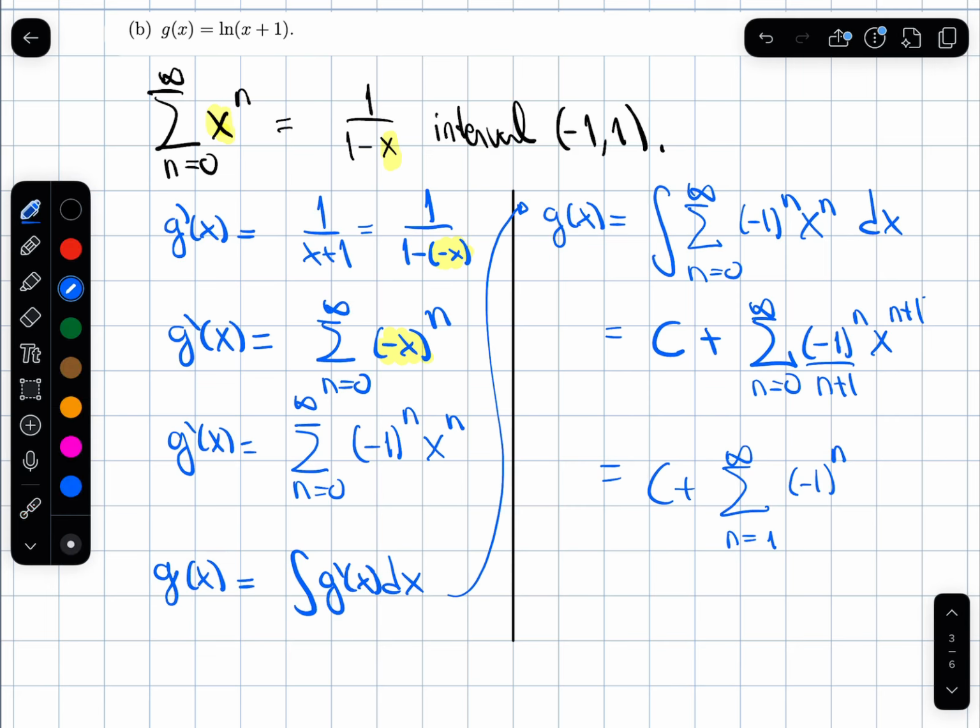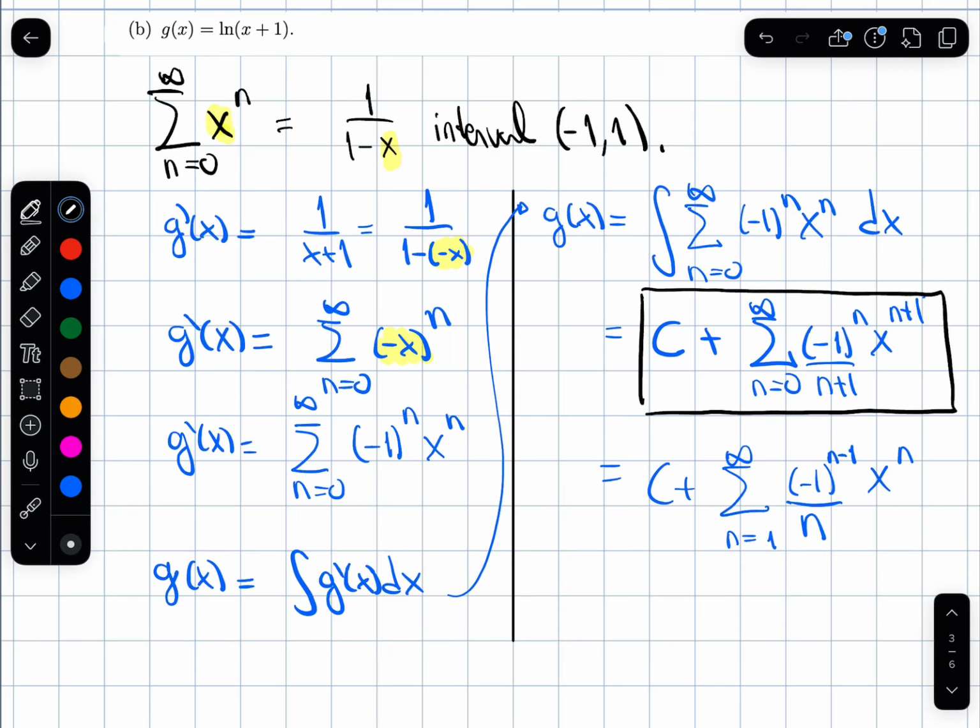You have to make it n minus 1, because now when n equals 1 on this second series, you get negative 1 to the power 0. When n equals 0 on this series, you get negative 1 to the power 0, saying that they start at the same value, and then you would get this. Either of the two are acceptable. I'm okay with the first format, but you gotta really know whether the person you're taking this class with is pickier than I am with these.